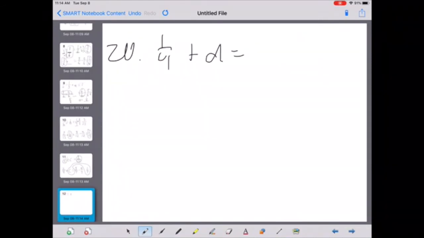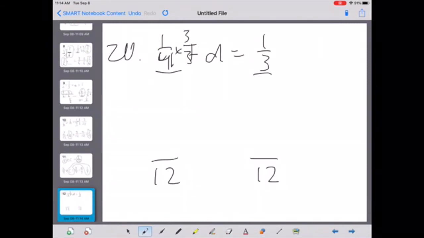Number 20. 1/4 plus D equals 1/3. I'm trying to think, what number does 4 and 3 both go into? The answer is 12. I ask myself, how did I get to 12? Well, I took 4 times 3 to get to 12. Do it to the denominator, do it to the numerator. 1 times 3 is 3. I'm adding D to it.